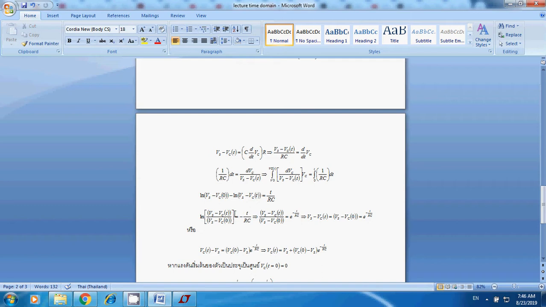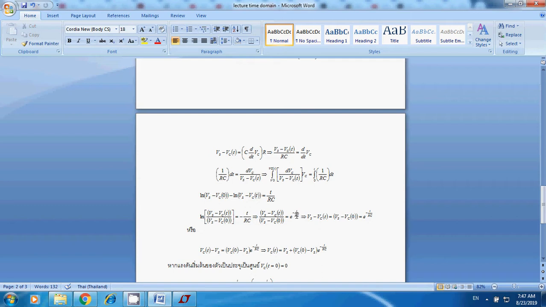You have Vs minus Vc divided by Vs minus Vc, and then you can find Vc(t). So this term simply becomes Vs minus Vc(t) divided by Vs minus Vc at the time of 0. And on the right, of course, you have exponential to the power of negative t over RC.